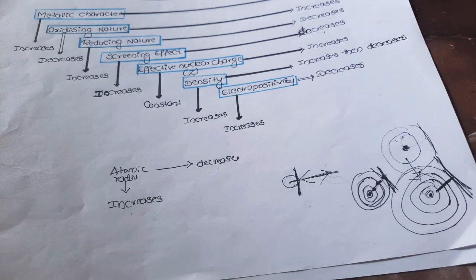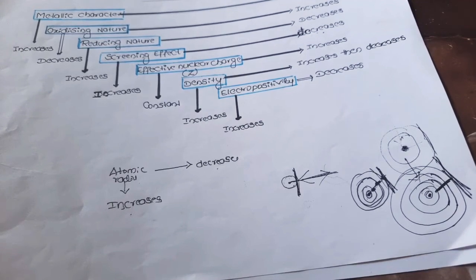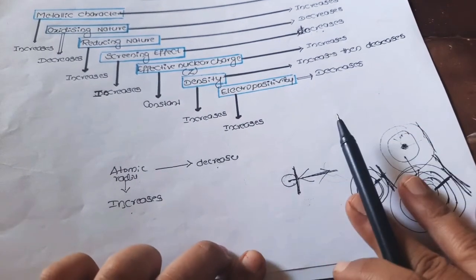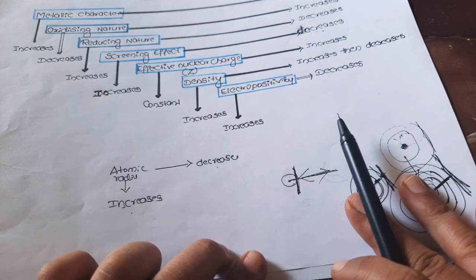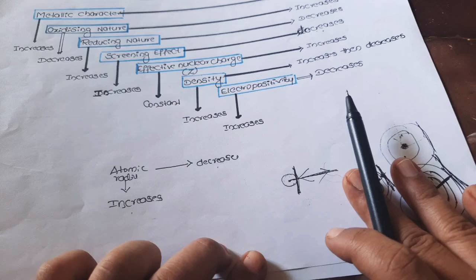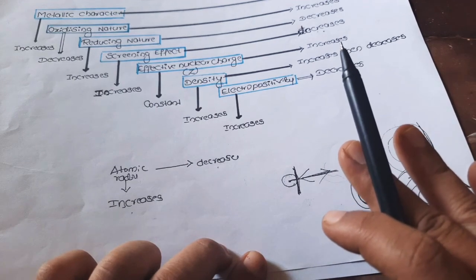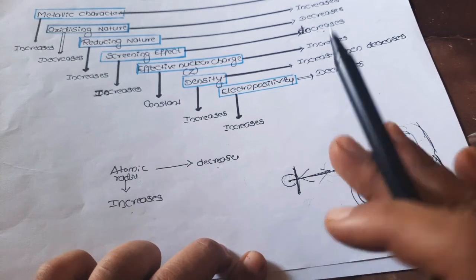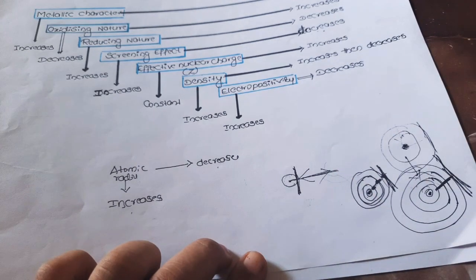The last property is electropositivity. You can remember electropositivity easily if you know the trend of electronegativity. Electropositive character means the capacity to donate electrons, to give out electrons.